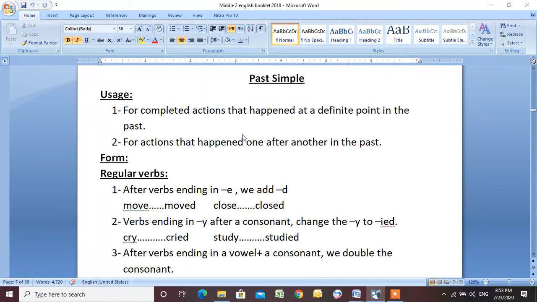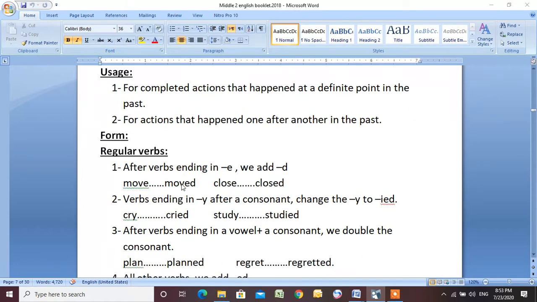How can we form the past simple tense? We know that we have two types or two kinds of verbs. We have regular verbs and irregular verbs. The regular verbs, you know that number 1, after verbs end in E, we add only the D. Like verb move, it ends with E. So in the past, we add D, moved.